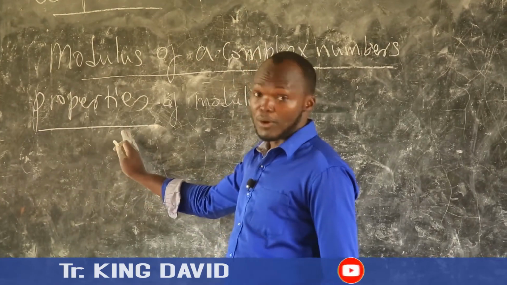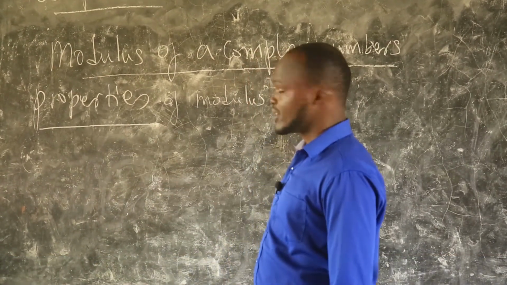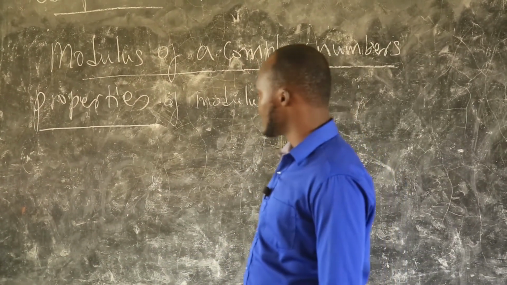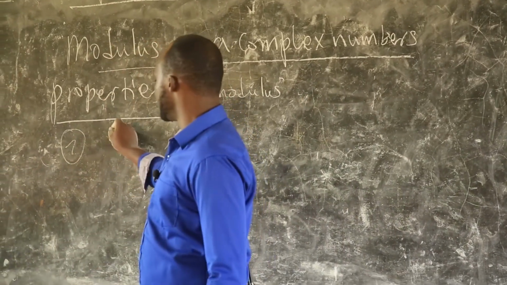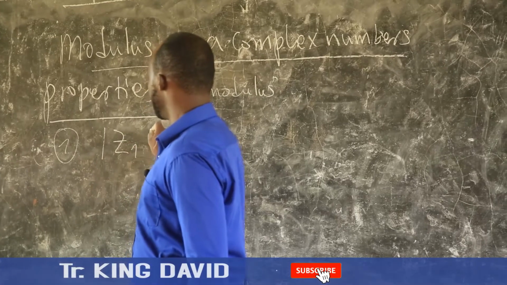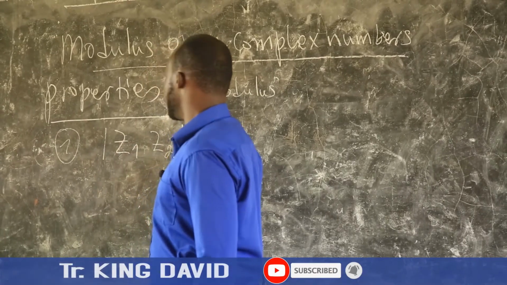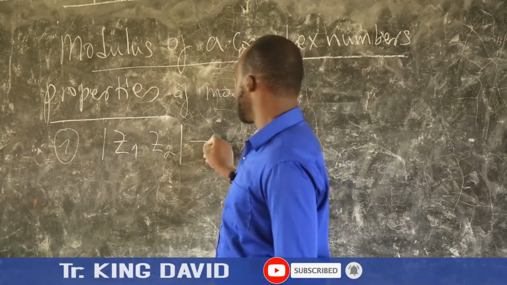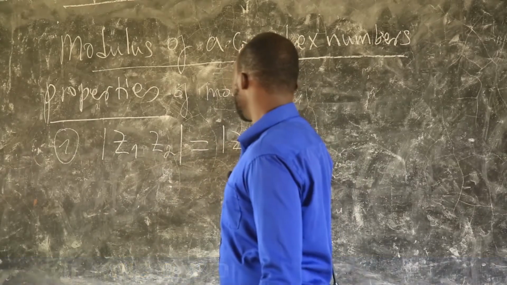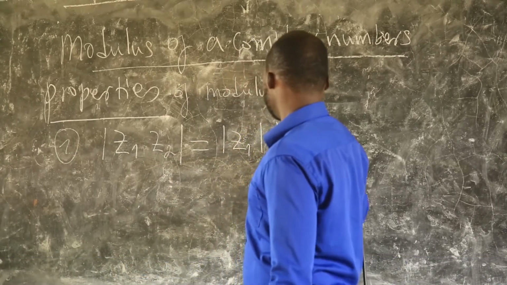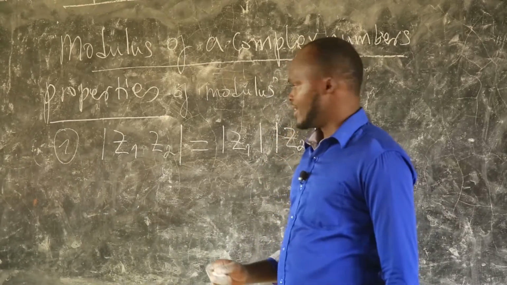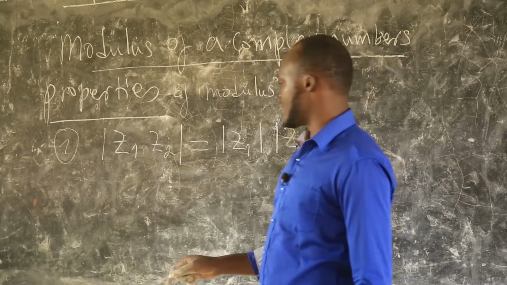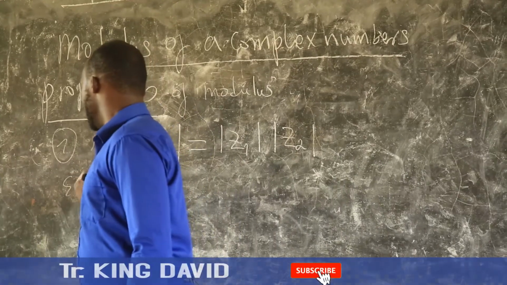Then after the exercise, let us see properties of the modulus of complex numbers. We have number 1 here. The modulus of z1 times z2 is the same as the modulus of z1 times the modulus of z2. Let us try to prove this by using an example.